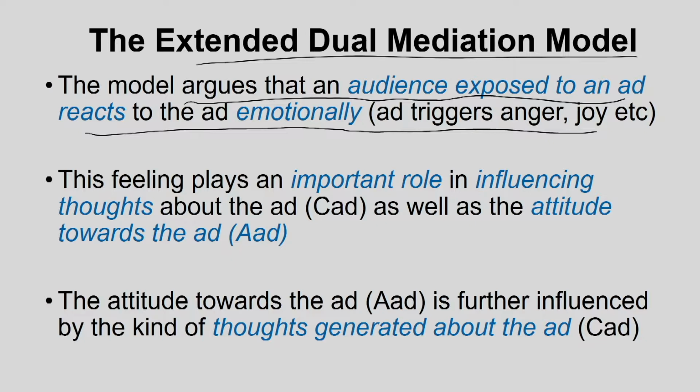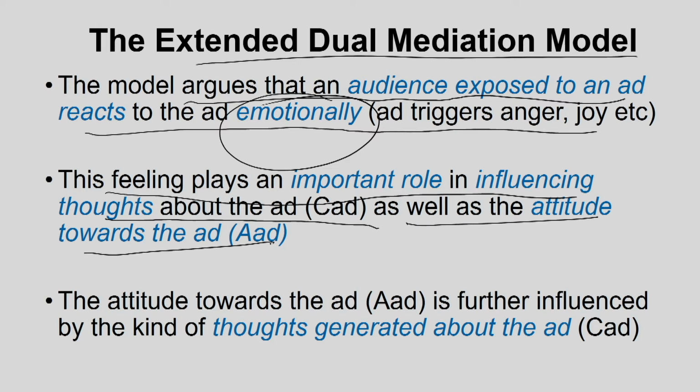So, this model starts by first explaining that any ad presented to people creates an emotional reaction. The first step that an ad does is creates an emotional reaction. Now, this feeling plays an important role in influencing thoughts about the ad as well as the attitude towards the ad.